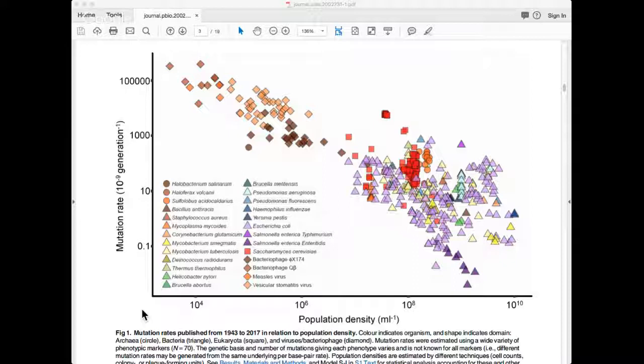My guess is that this can roughly translate to mutation rate per genome per generation, unless you've got something that's a polyploid. I don't know, do you guys have thoughts on that? Do you think that's kind of an accurate conclusion? I think going back to the virus thing that you had an issue with, that's a case where we don't know, right?